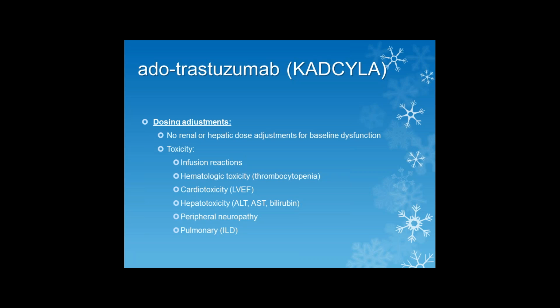So again, you'll see infusion reactions there. Also, any sort of hematologic toxicities. The big one that they called out here, and you'll see on the next slide, is thrombocytopenia. Cardiotoxicity is, again, monitoring that ejection fraction. The hepatotoxicity can manifest itself either as hyperbilirubinemia or AST or ALT elevations.